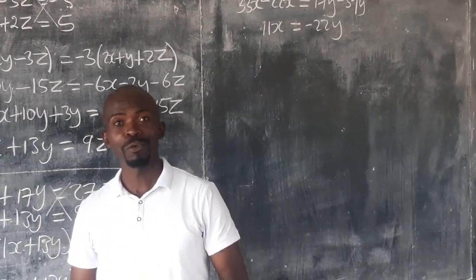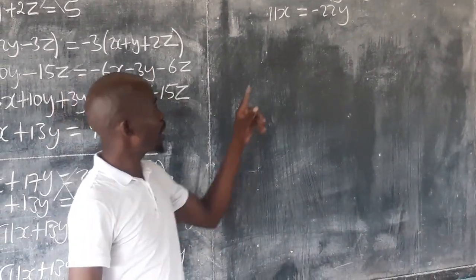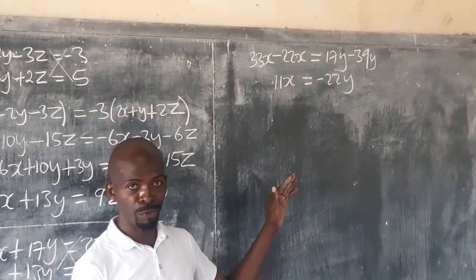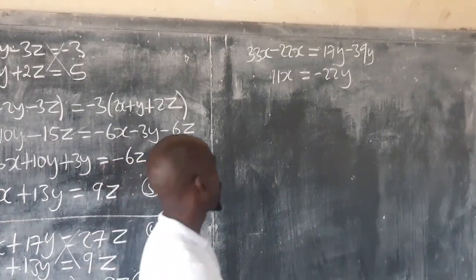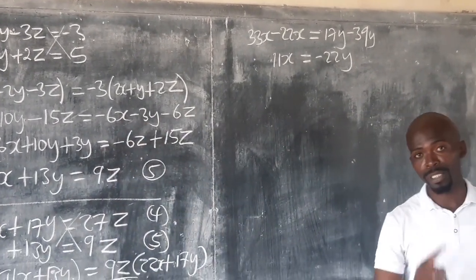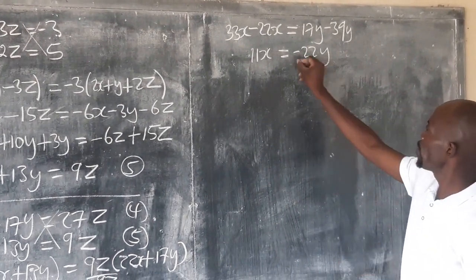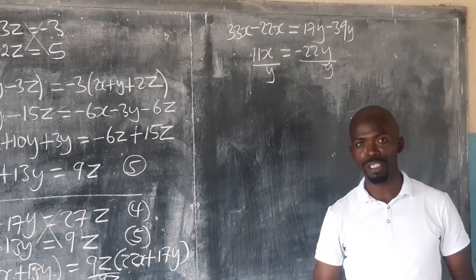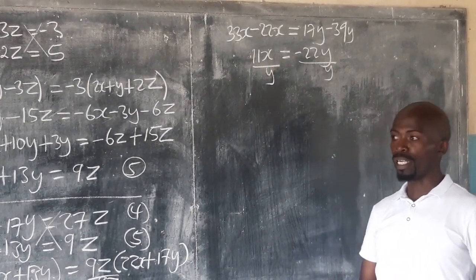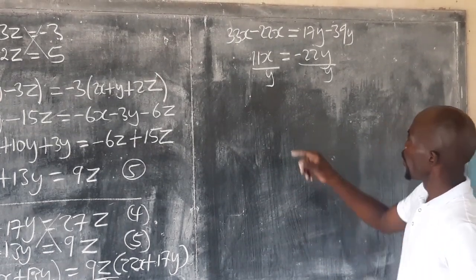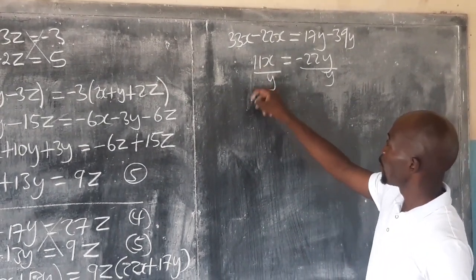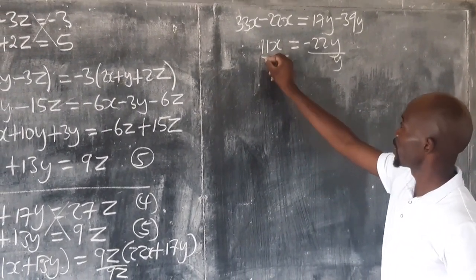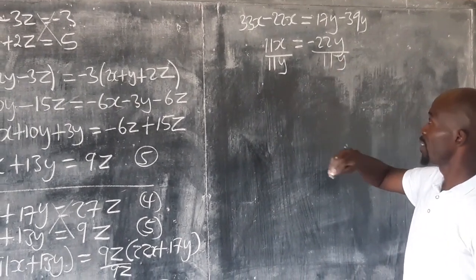At that point, using ratios, we shall make the variables x and y the subject of the formula, and then the terms can be on the other side. How is that possible? We simply remove our y here and bring it here, so that on the left hand side we have the variables x and y as subject of the formula. Then the 11 must go, so I multiply throughout by the multiplicative inverse of positive 11, which is the same as just dividing by 11 both sides.